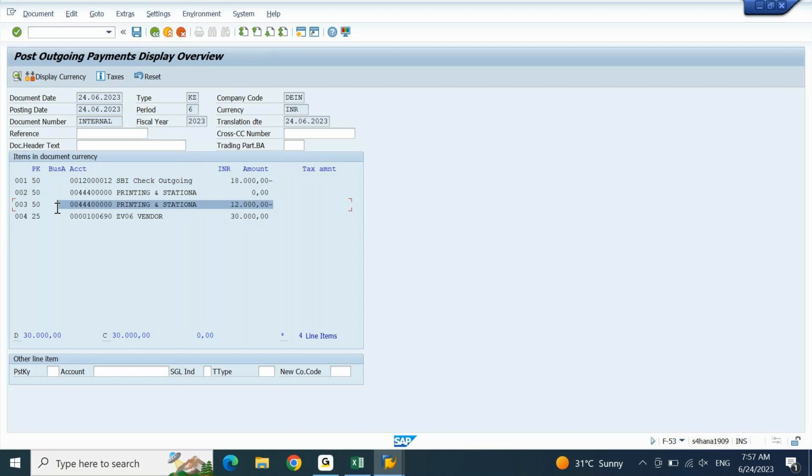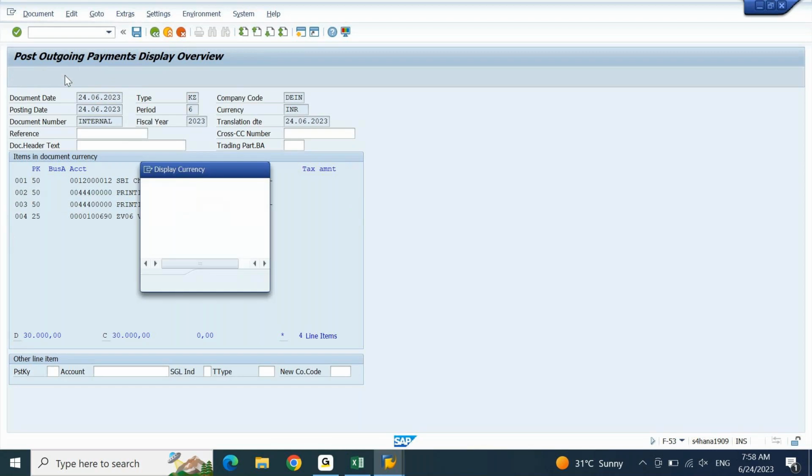Correct? Yes, sir. If you are charging off something not to be paid, then that is treated as a loss. So that is what is happening here. Only 3 line items will get generated. The third one is because of exchange rate differences. This is the exchange rate difference.